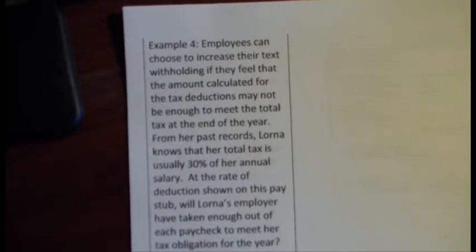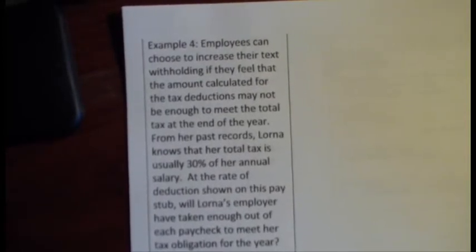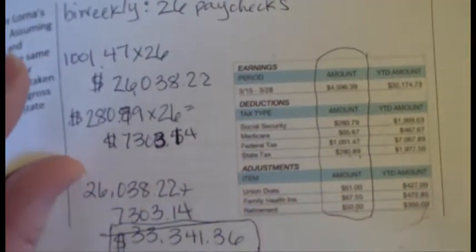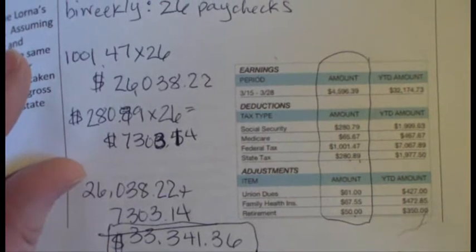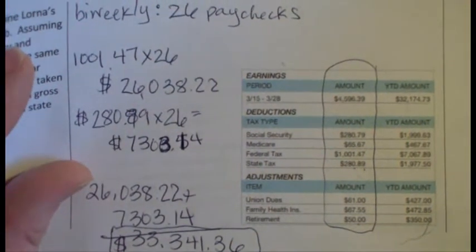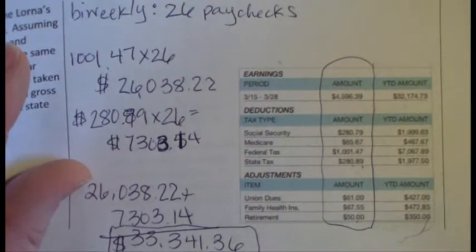At the rate of deduction shown on this pay stub, will Lorna's employer have taken enough out of each paycheck to meet her tax obligation for the year? So we're looking back at the pay stub from the problem before. And we want to figure out if she's having enough taken out.